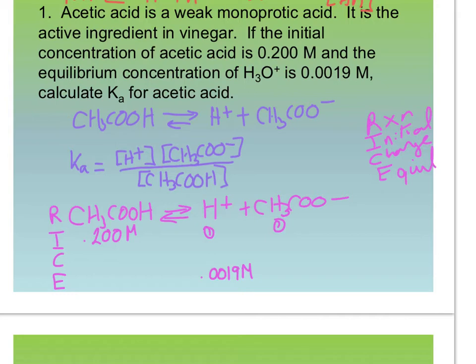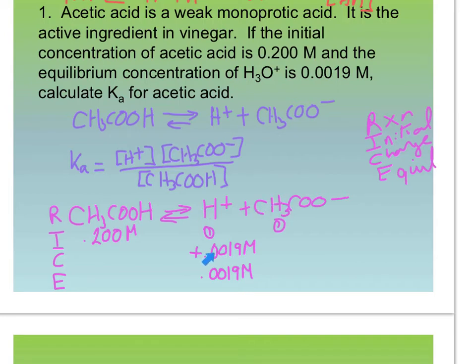Well, if I know the initial, and I know what it is at equilibrium, I can figure out what the change is. So if it started out at 0, and at equilibrium I end up with 0.0019 molar, then the change that occurred is that it formed 0.0019 molar, right? I can relate the change of all of these based on the molar ratio, because every time I use up one of these, I form one of these, and I form one of these.